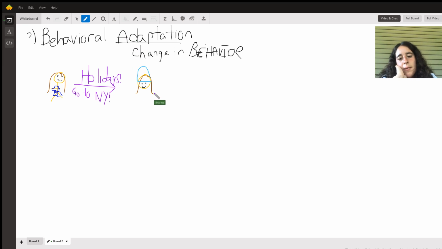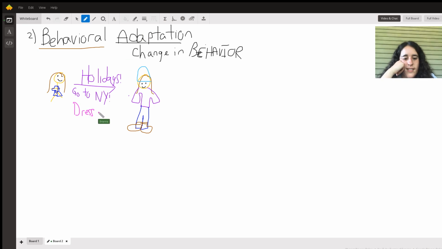Instead of short sleeves, I'm going to choose to wear a big, puffy winter coat so I'm not cold. And I'm going to wear some nice, big, bulky sweatpants, or maybe even snow pants, and some boots so I'm not cold. This is a behavioral adaptation. I changed my behavior. I changed the choices that I make to dress more warmly.